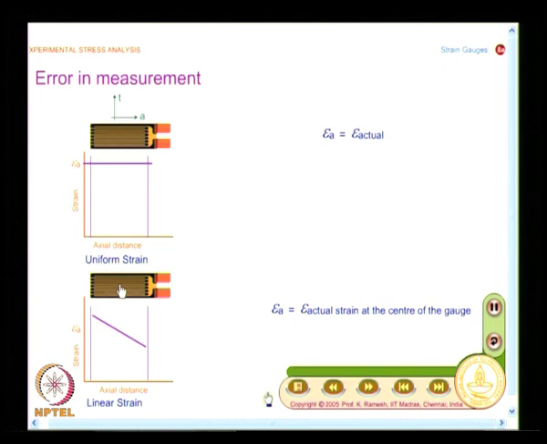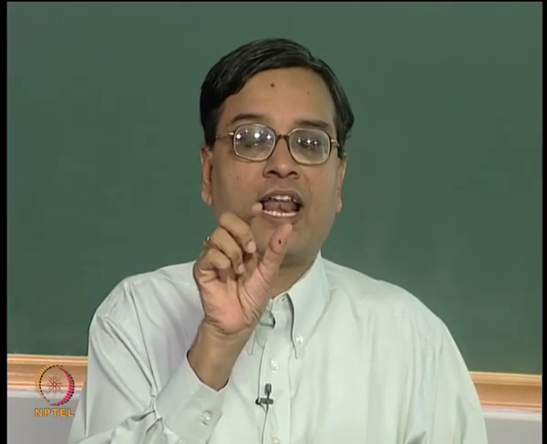And mind you, when I have a strain gauge, I have markings, and what I do is align the strain gauge at the point of interest. When the grid lines or the guidelines on the carrier pattern are aligned at the point of interest, I say that this is the strain I measure.